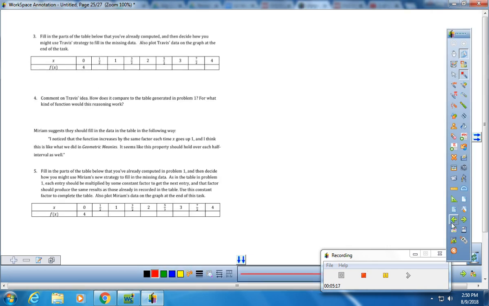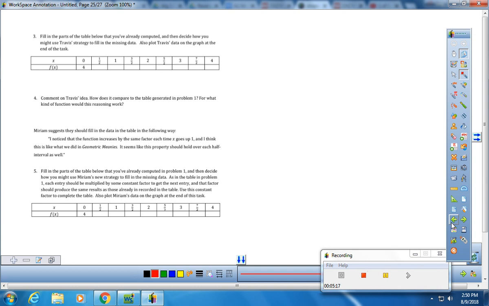So I'm not going to continue to graph them because it's just going to get messier, but let's continue to do what they want us to do. Fill in the parts of the table below you've already computed, and then decide how you might use Travis's strategy to fill in the missing data. We already did this.